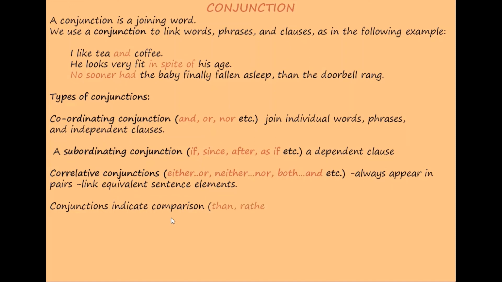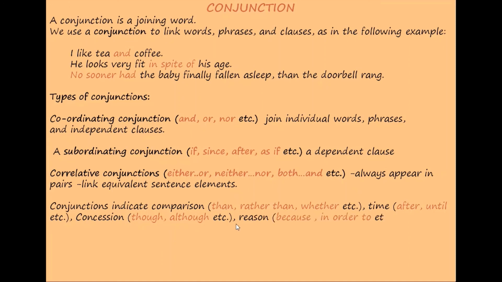Conjunctions can indicate comparison. So we can say that those are conjunctions of comparison: than, rather than, whether, etc. Conjunctions can indicate time, such as after, until, so they are conjunctions of time. They indicate concession. They are conjunctions of concession: though, although, etc. Reason: because, in order to, etc. Conjunctions showing condition: unless, if, etc. Conjunctions indicating place: where, wherever.